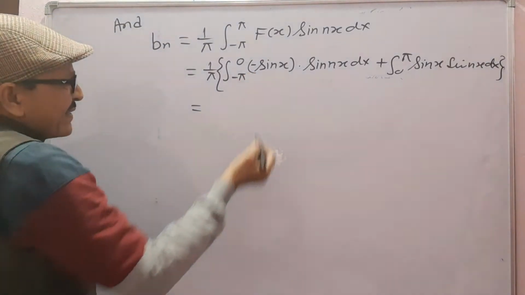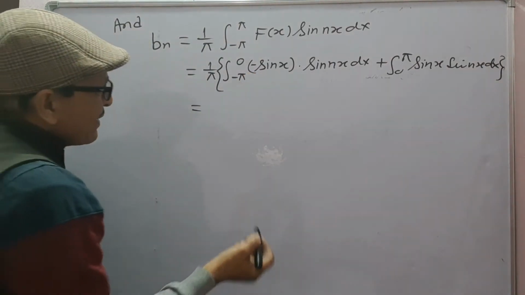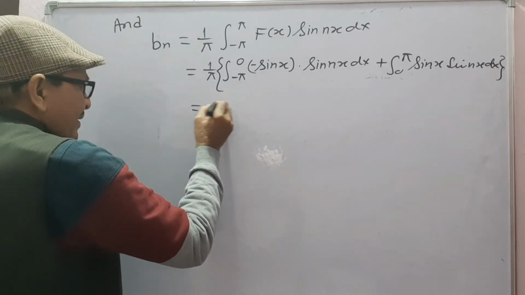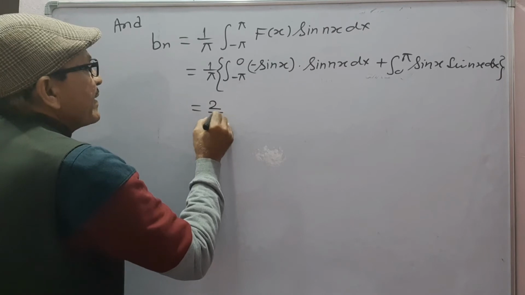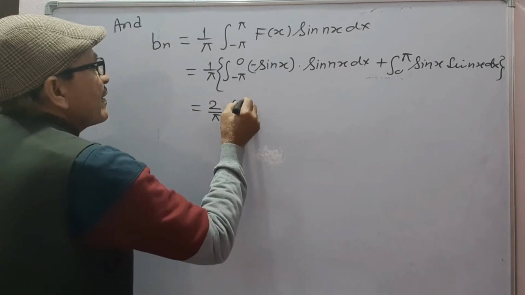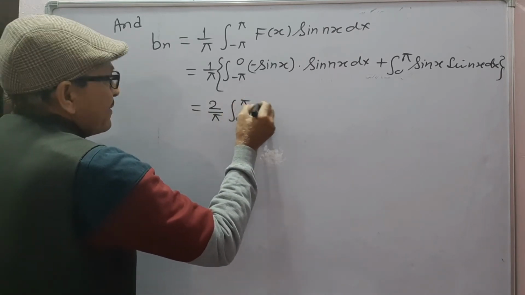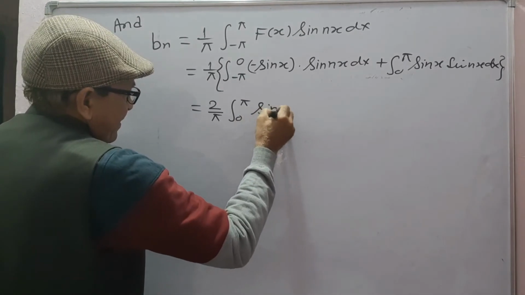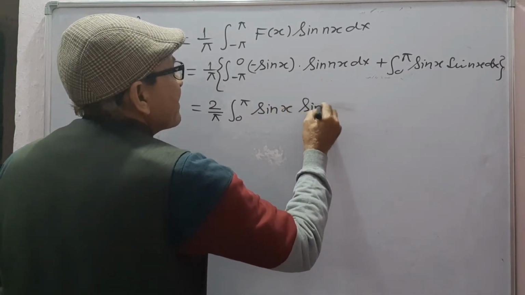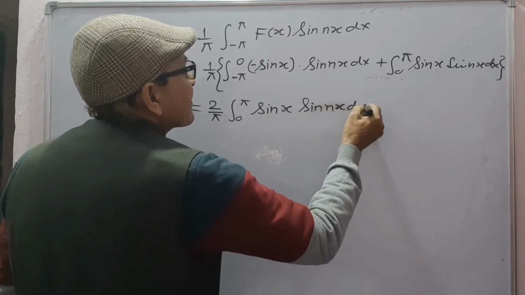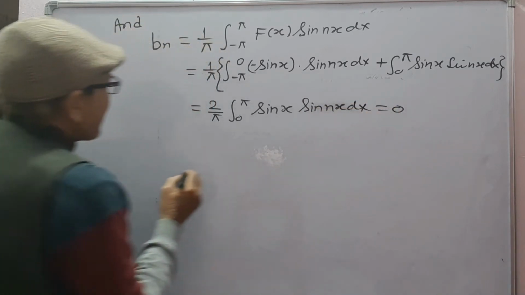Again, by interchanging the limits, we get 2 upon pi, integral from 0 to pi of sin x sin nx dx, which will be 0.